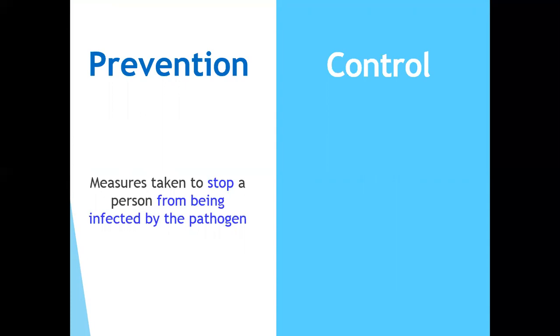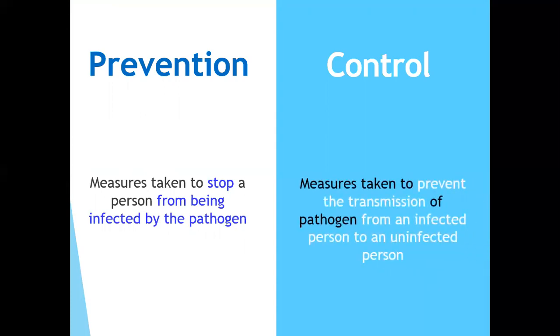Now, control will happen after the person has already been infected, okay? So these are measures taken to prevent the transmission of this pathogen from an infected person to an uninfected person. So this is to control the spread of the disease, okay? So prevention and control. Control also includes treatment.